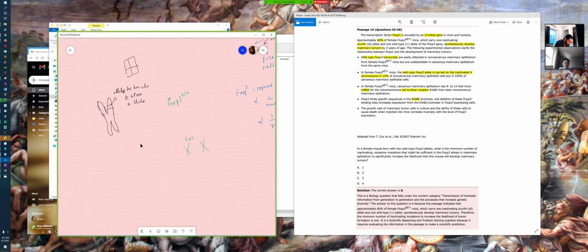So let's say we mix a woman with capital A, little a, which is brown phenotype but heterozygous, and a male with that as well. Then it's basically like this. So 75% will have brown hair and 25% will have blonde hair.